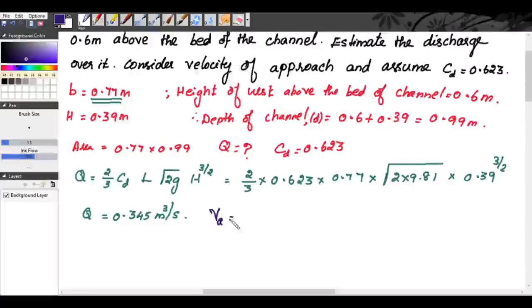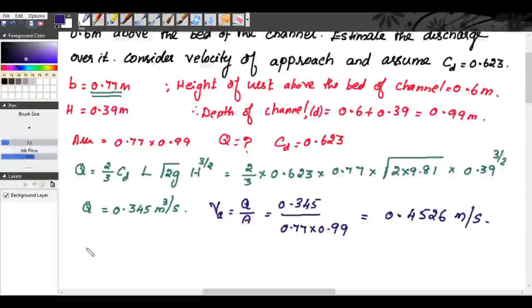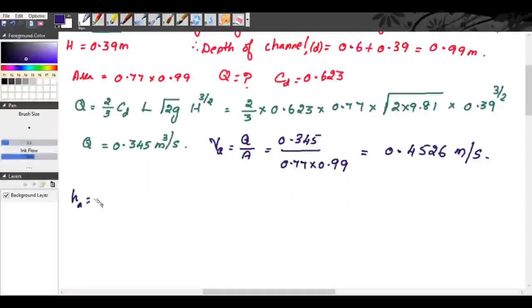So velocity of approach V is equal to Q by area. So 0.345 divided by area, 0.77 multiplied by 0.99. We get the velocity of approach is equal to 0.4526 meter per second. So from this we can obtain the additional head HA will be equal to VA square by 2G. So that is equal to 0.4526 square divided by 2 into 9.81, that is equal to 0.0104 meter.